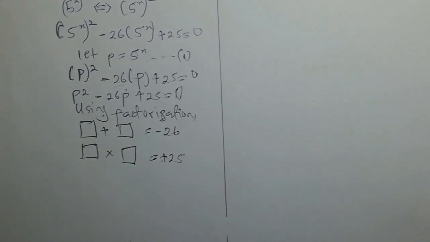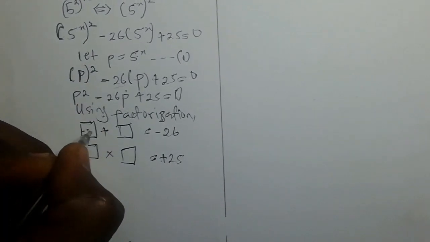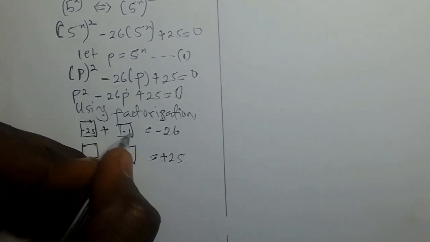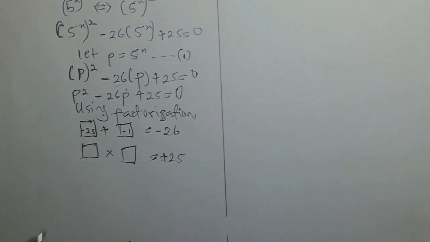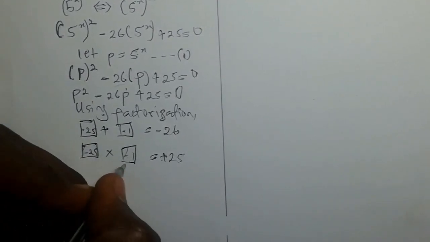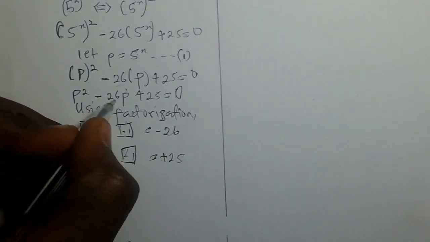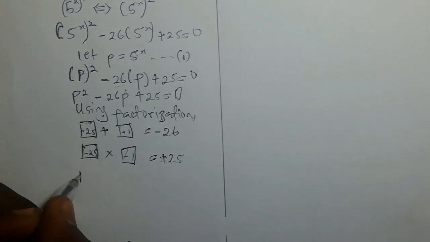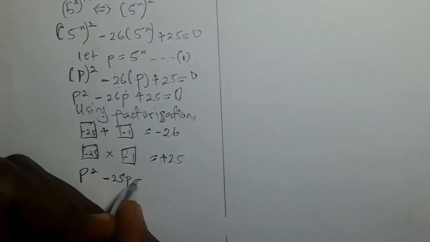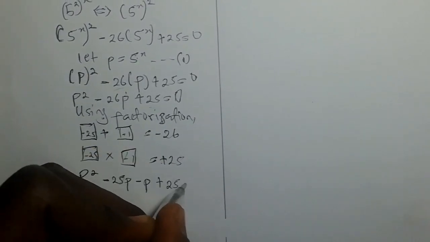For this example, those two numbers are negative 25 and negative 1, because negative 25 plus negative 1 is negative 26, and negative 25 times negative 1, the negatives cancel and it results in positive 25. So we can replace negative 26p with negative 25p minus 1p, plus 25 equals 0.